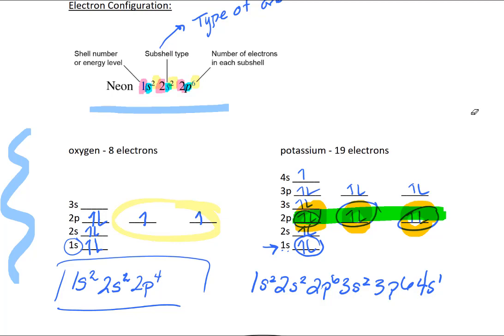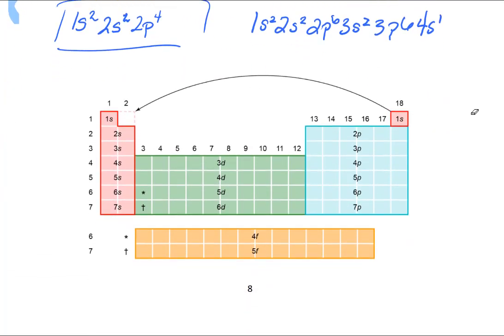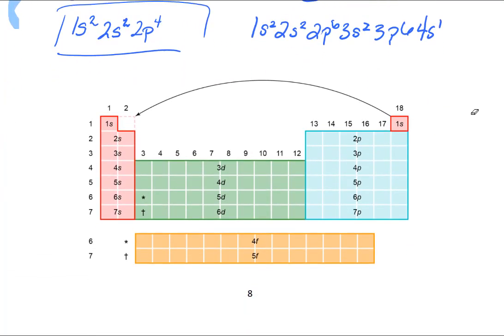So let's talk some more about electron configurations and how we can come up with an electron configuration without drawing an energy level diagram first. If we want to do that, then we need to start breaking up the periodic table.